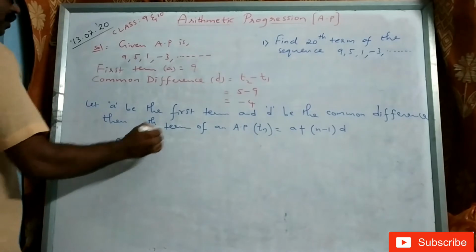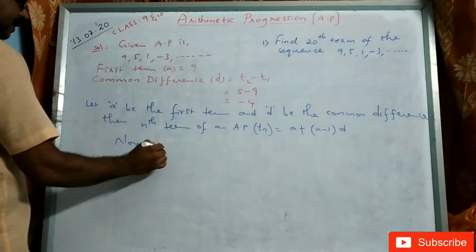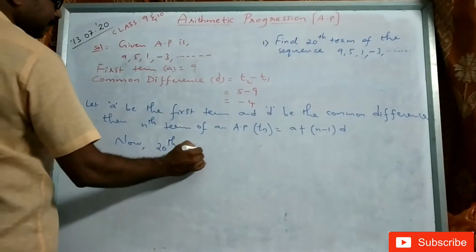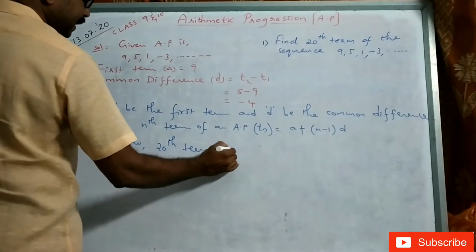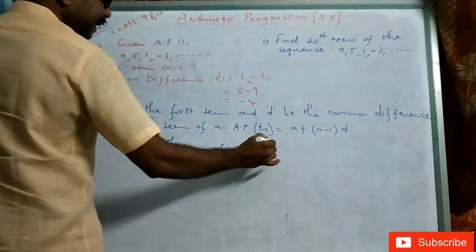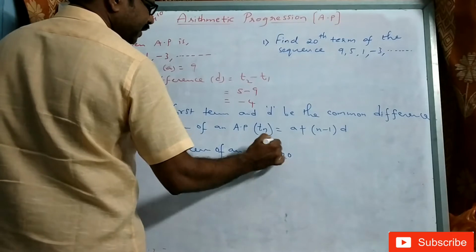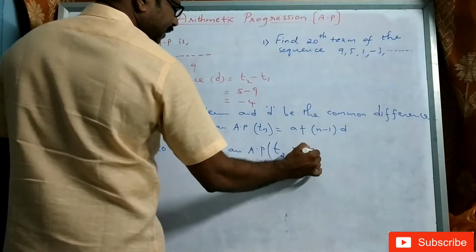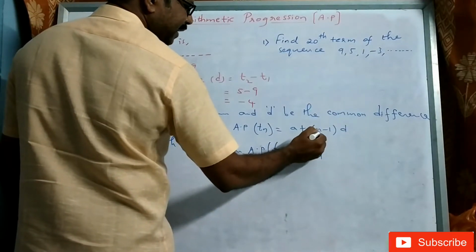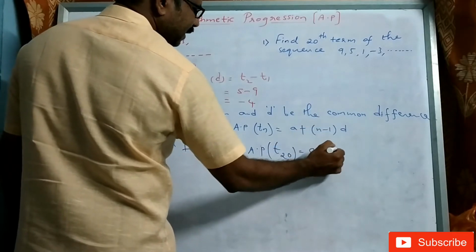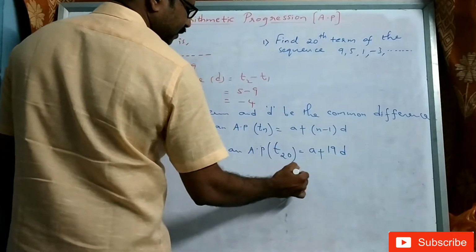Now, which term would I like to find there? The 20th term. So the 20th term of an AP, T20. Instead of n we should write 20, right? a plus, instead of n, 20 minus 1, that is 19 into d.